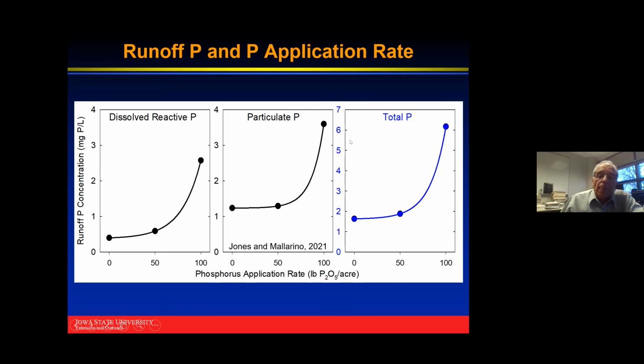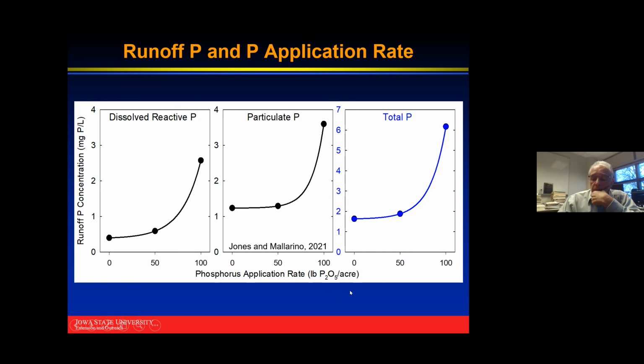So we cannot actually fit these curves, because we have only 3 points, but there is a perfect fit. And note the different units for total P. So it is clear that when we apply the 100 pounds compared with the 50 pounds, we get much higher losses, and much of that is dissolved P.